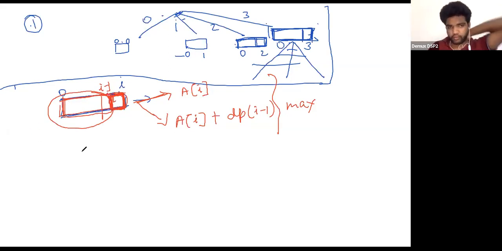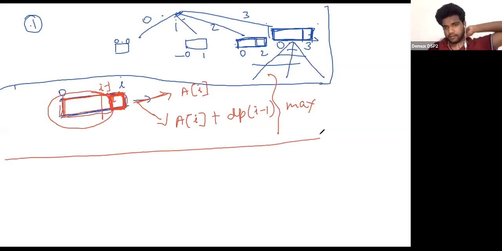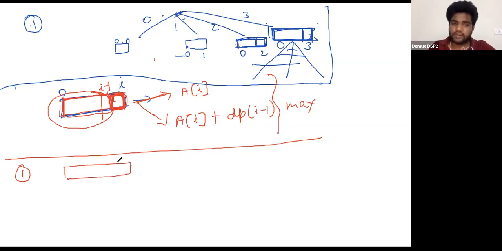So let's step back. I told you two things. The first thing, I just looked at the eventual answer. And I said that my actual answer will either end at 0 or 1 or 2 or 3. So for all I, I have to find the length of the longest subarray ending at that particular I. That was the problem that I was left with.